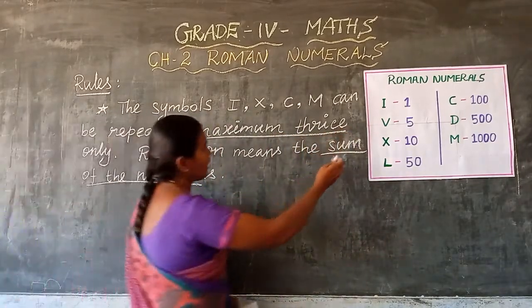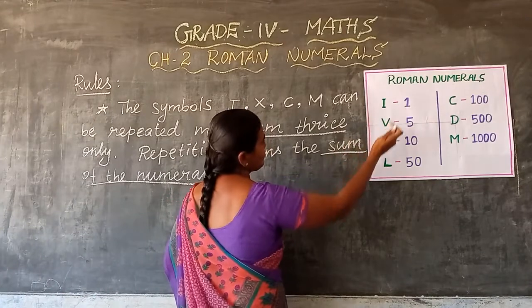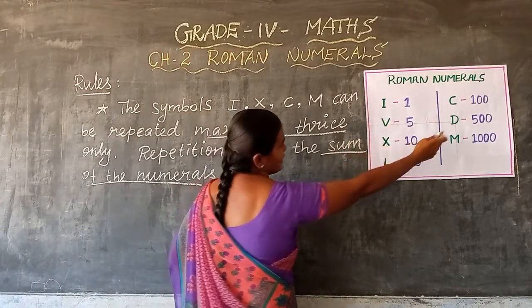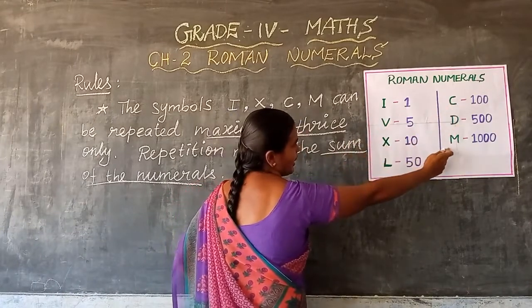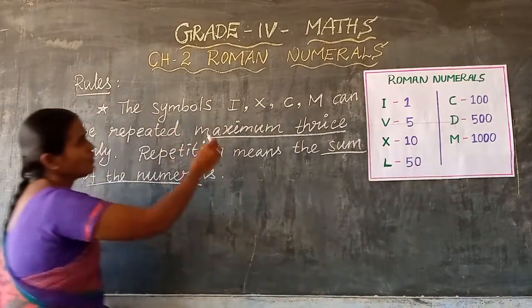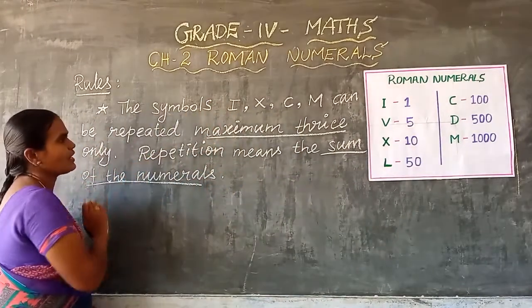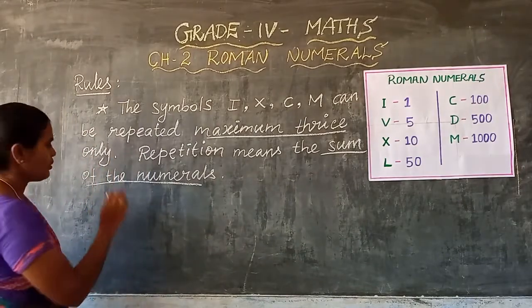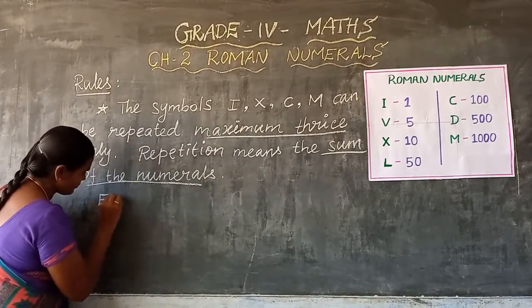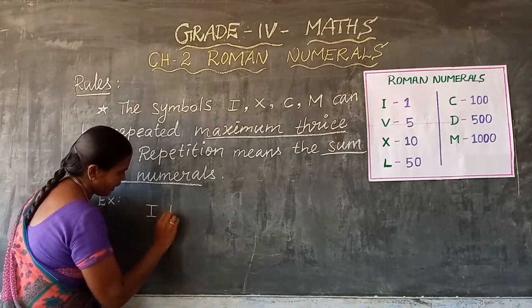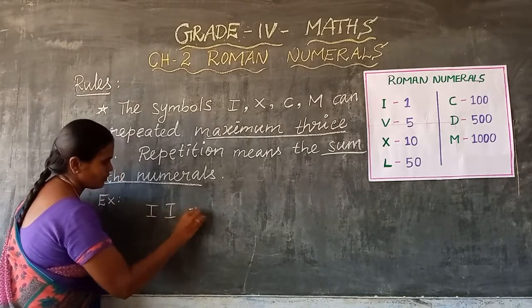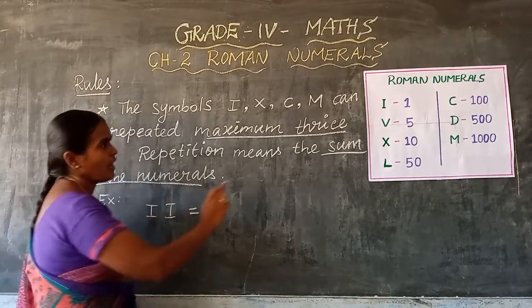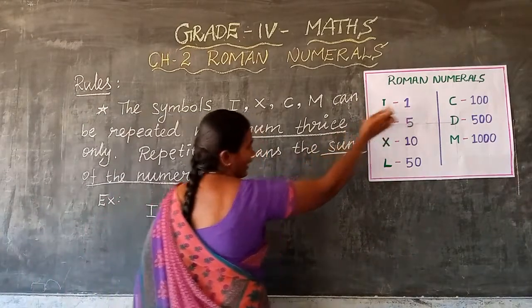So what is the value of I? 1, X 10, C 100, M 1000. These 4 symbols only can be repeated 3 times, maximum 3 times. For example, II. What is the value of I? I value 1.